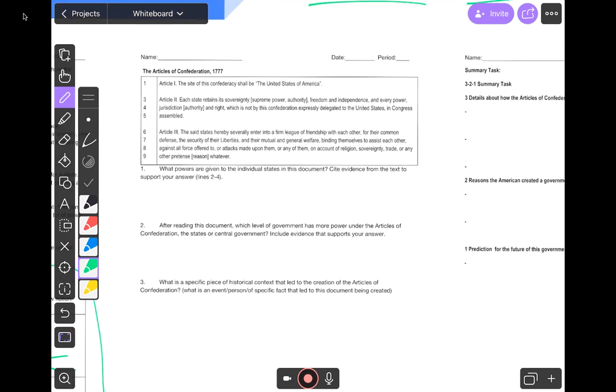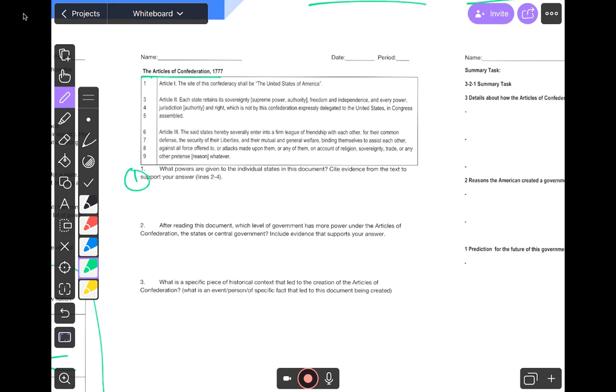Once you finish up that chart and those thinking questions, you will be using a primary source to conclude today's activity. All right, we have the Articles of Confederation, and this is actually some excerpts from that document. Okay, so the document that creates the first form of government in the United States, we're going to be reading through it to understand how this government is set up. So let's remember our document analysis questions.